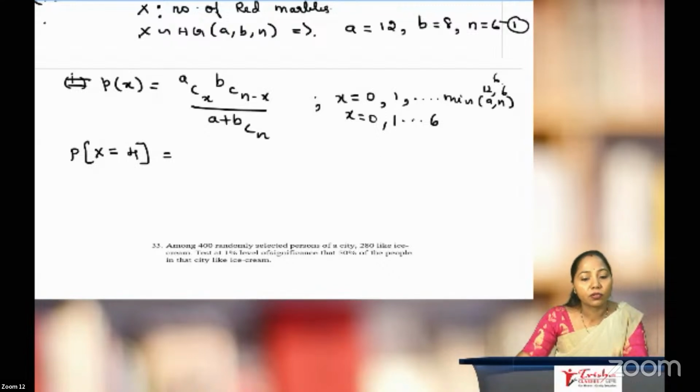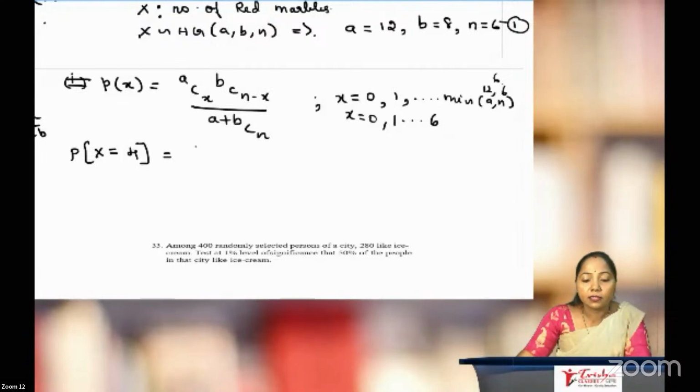E of X is nothing but the expected value of X, which is the mean. And what is the mean for hypergeometric distribution? What is the formula? It is N A by A plus B.